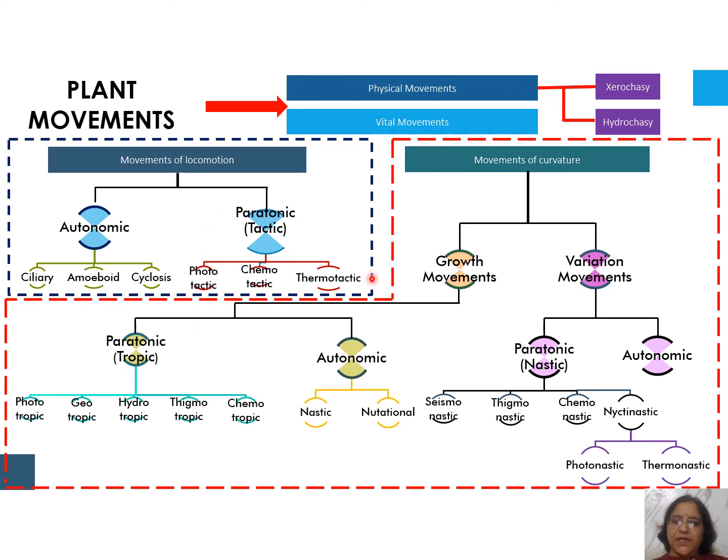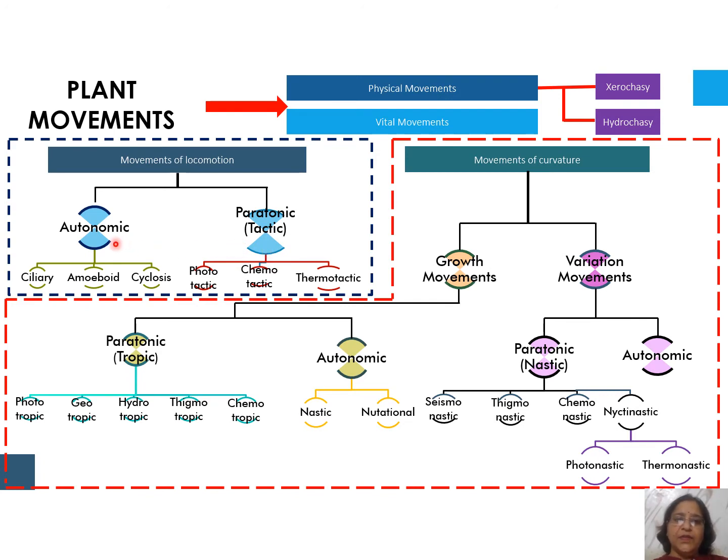This is the flow chart of the plant movements, the types of the plant movements. In the previous lecture, we have studied that plant movements are of two types: physical movement and vital movements. Physical movements are further of two types, xerochasy and hydrochasy, and vital movements are of two types, the movements of locomotion, which are further of two types, autonomic and paratonic.